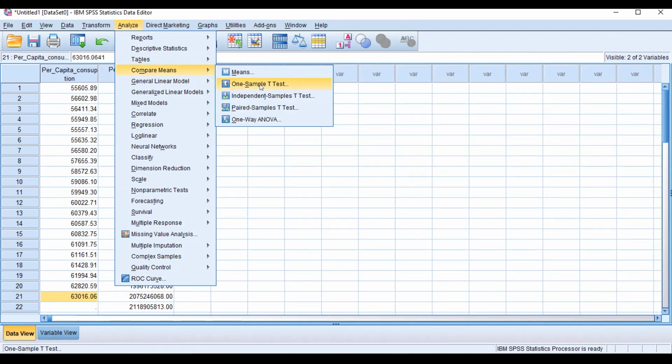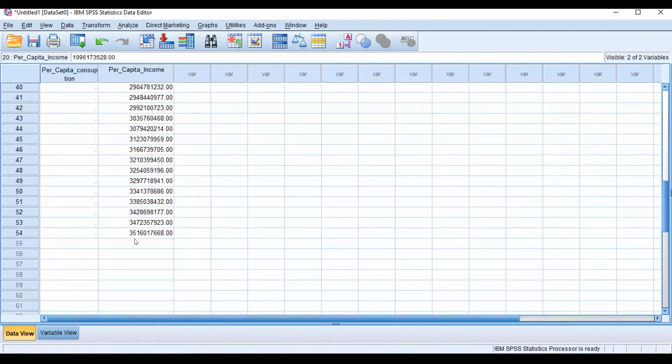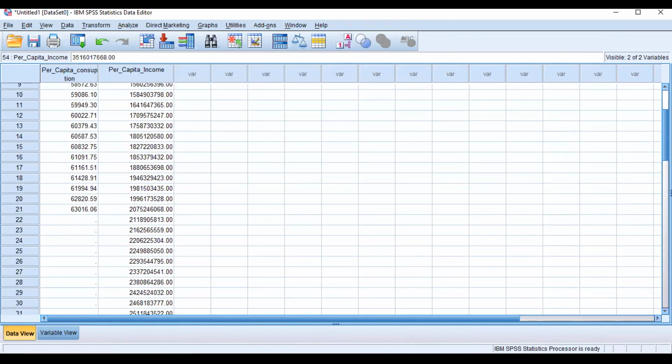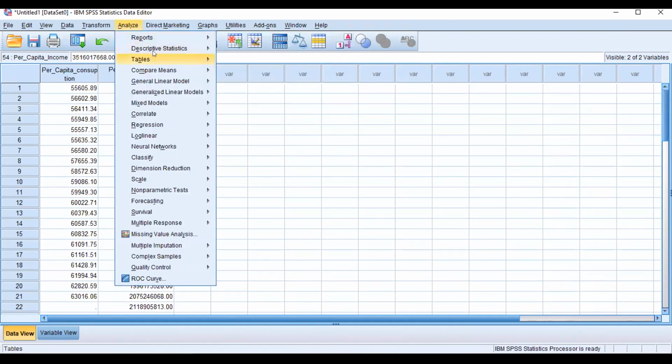If it is exceeding 30 observations, it automatically gets converted into the z-test. Like here it is 54 observations. Then again we need to do it.